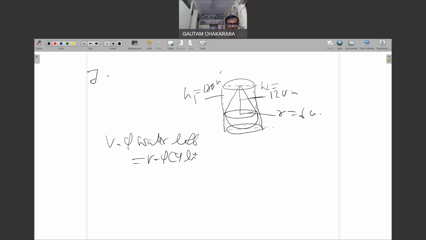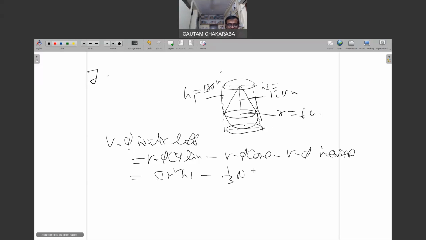Volume of water left: volume of cylinder minus volume of cone minus volume of hemisphere. Volume of cylinder pi r square H1 minus 1 by 3 pi r square H2 minus 2 by 3 pi r cube. So pi r square common, H1 minus 1 by 3 H2 minus 2 by 3 r.